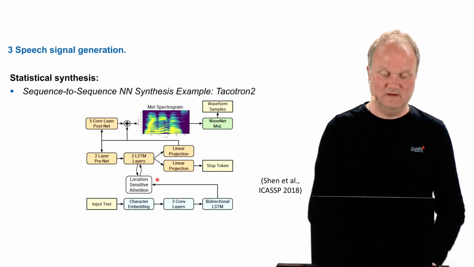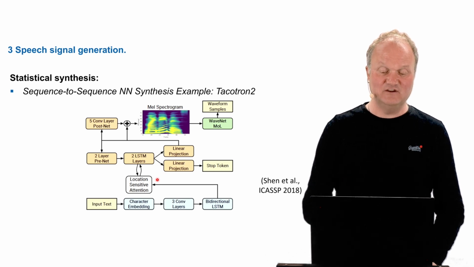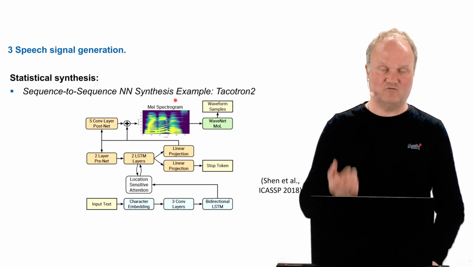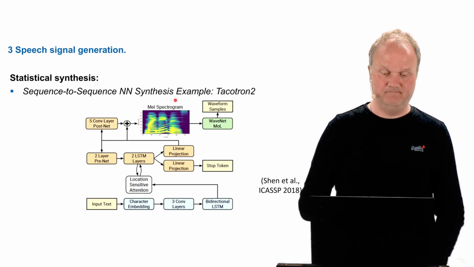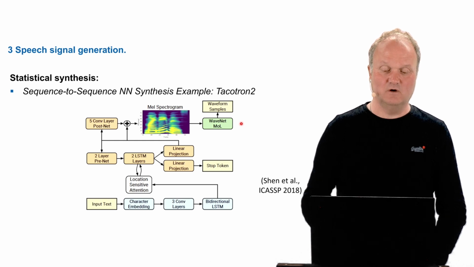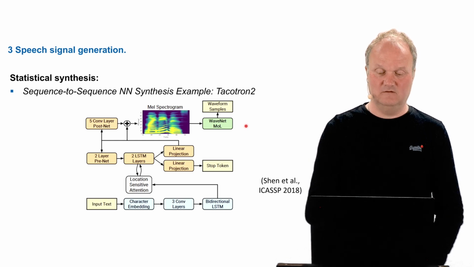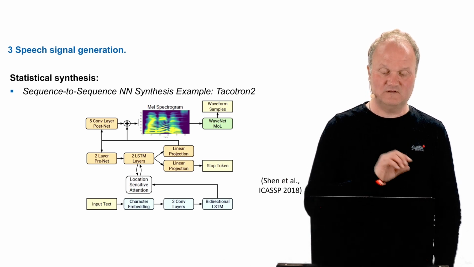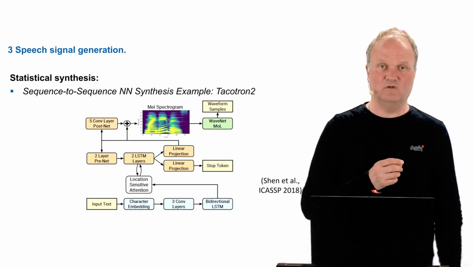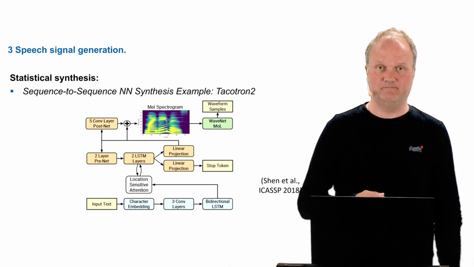As an outcome of this network, we have location-sensitive attention mechanisms, which are forwarded to this decoder network, which you see up here, and which produces MEL spectrograms as representations of the speech signal. And these MEL spectrograms have to be transformed into waveforms, and this is done with another neural network called WaveNet. So you see that in this approach, all steps of the synthesis pipeline are done with the help of deep neural networks, including time sequence modeling and attention mechanisms.